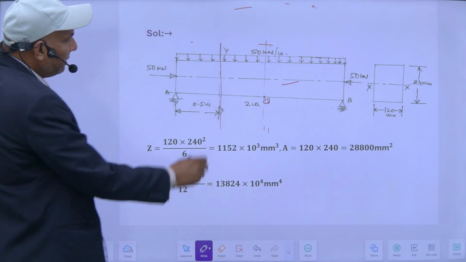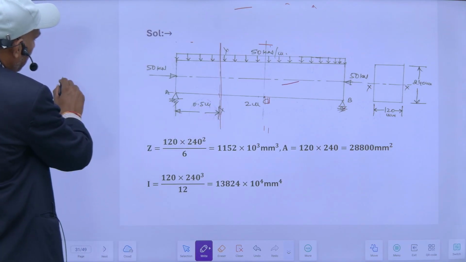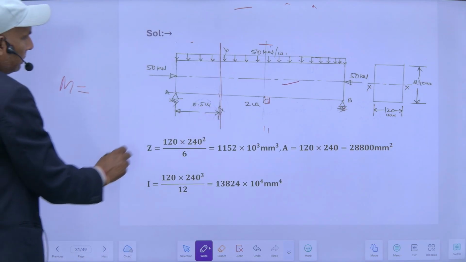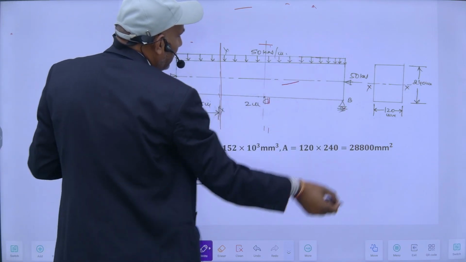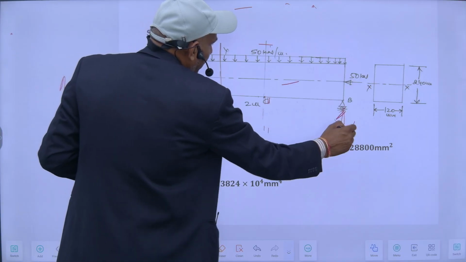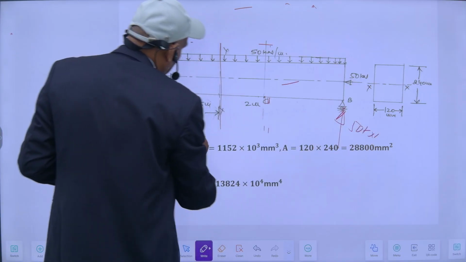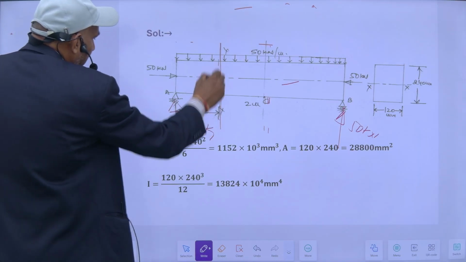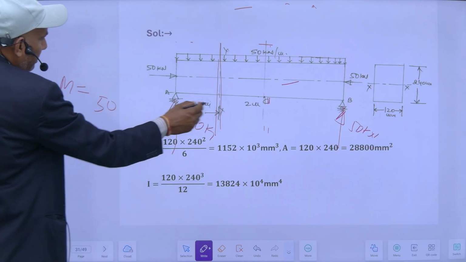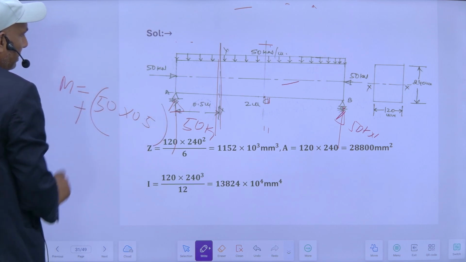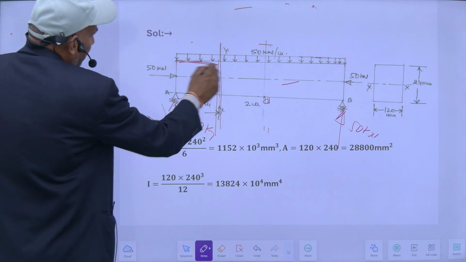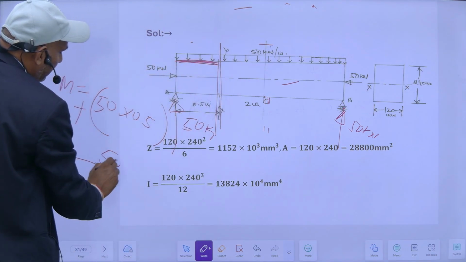So first I will calculate my moment at this section. Obviously my total load is 50 into 2, it is 100 kilonewton. So the reaction here will be 50 kilonewton at both ends. So here the moment will be 50 into this much distance, it will be sagging so positive, minus this because of WL square by 8.